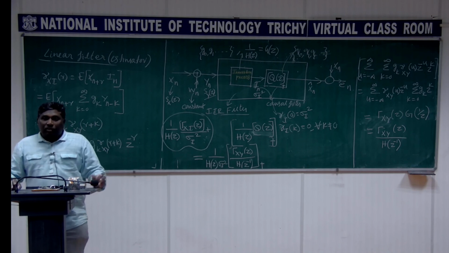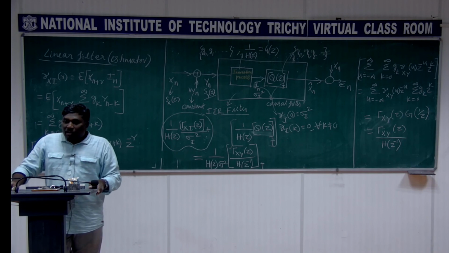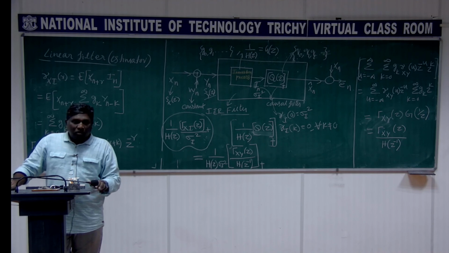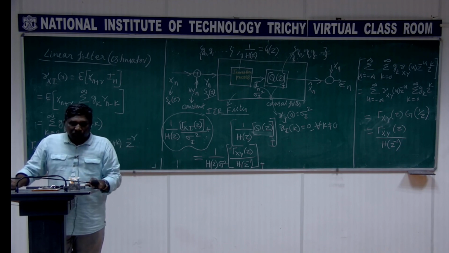But in case of IIR, it is compulsory that you need to model it, because we actually do not need the autocorrelation. Instead, we need the spectral density of the autocorrelation.